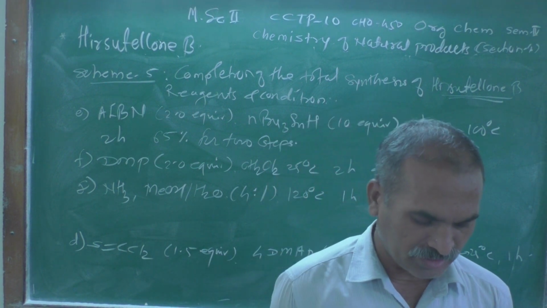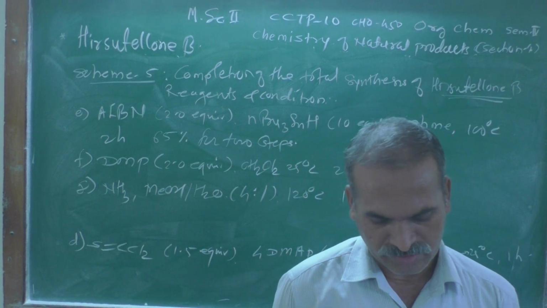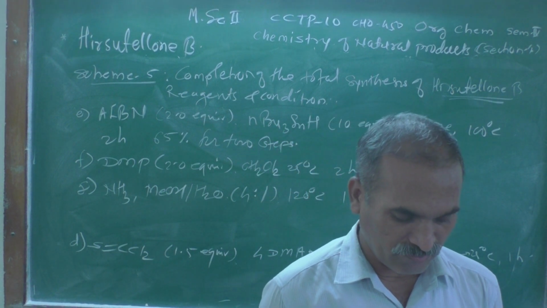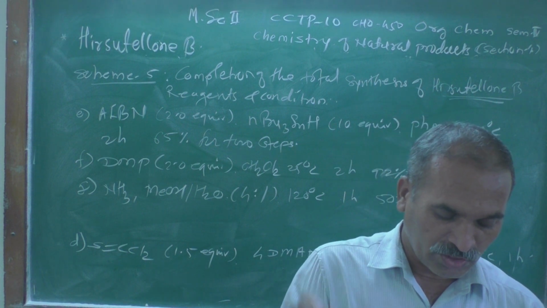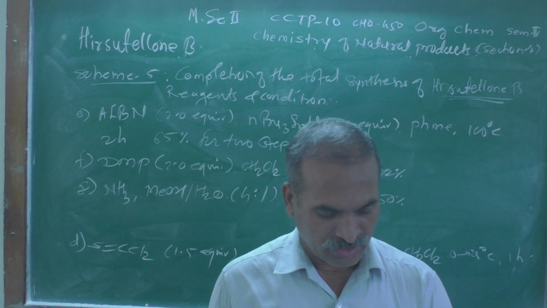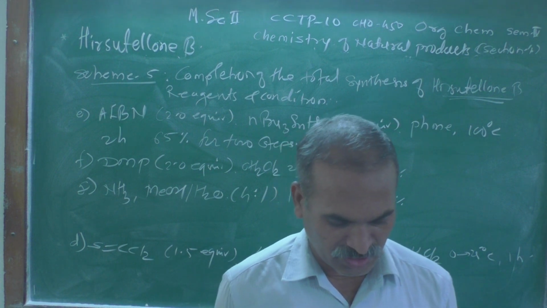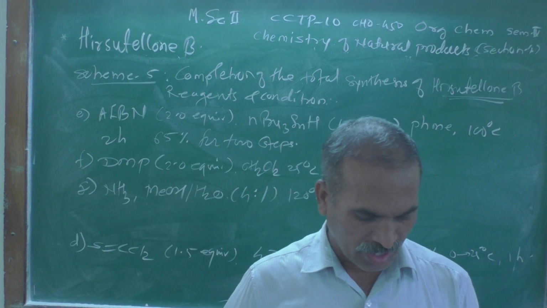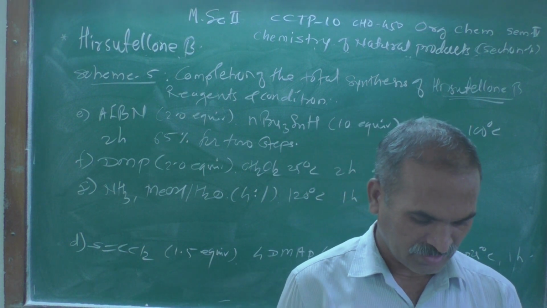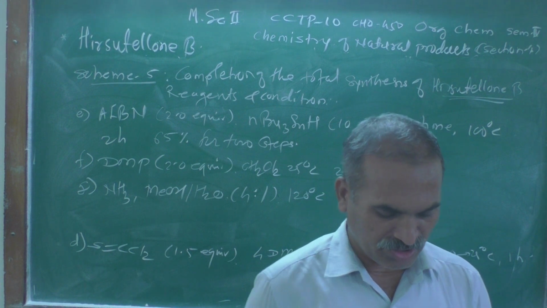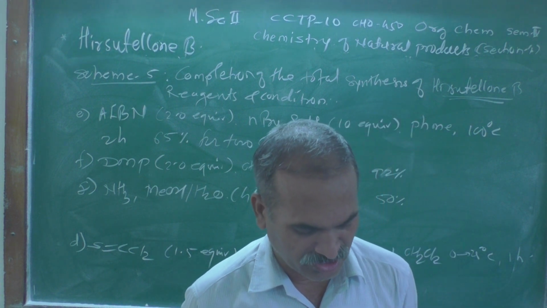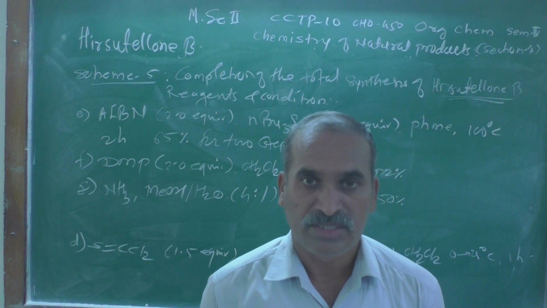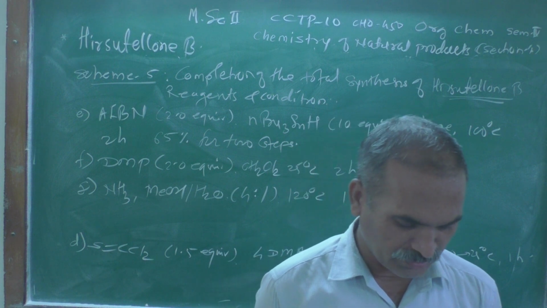Finally, heating of 18 with ammonia in methanol/water 1:1 at 120 degrees centigrade for 1 hour led to hirsutolone B, 1B, in 50% yield through a cascade sequence involving amidation, epimerization at C17 and cyclization through transient intermediates 7 and 8, scheme 5.